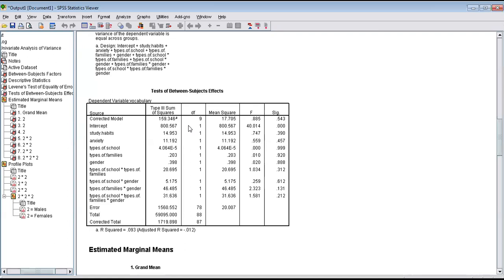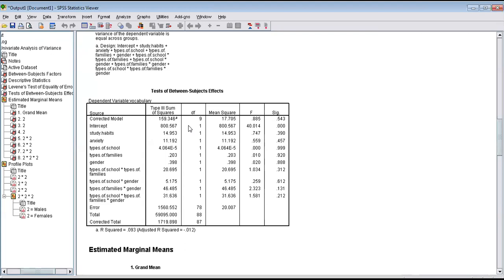Another is 5.17 and the adjusted F value is 0.26. The next is 46.48 and it is 2.32.